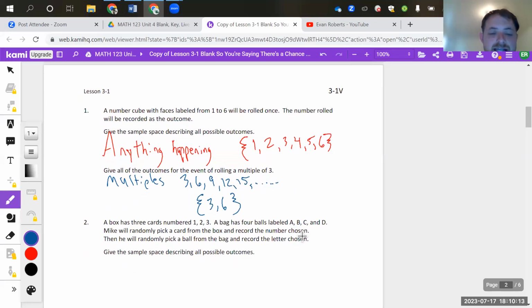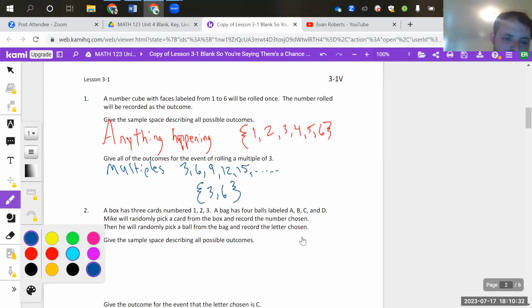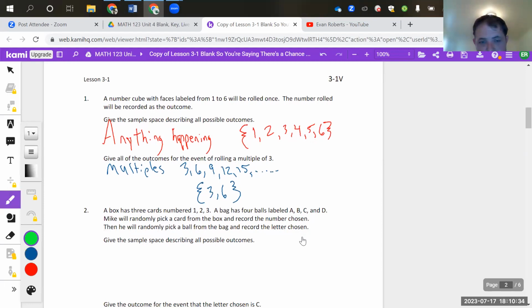So when we're looking at the second scenario here, we've got this box with 3 cards in it, and then a bag has 4 balls in it. And so they're randomly picking a card, and they're going to randomly pick a ball as well. And so when it says give the sample space, giving all the outcomes, a lot of times I like to just think about it concretely for a second.